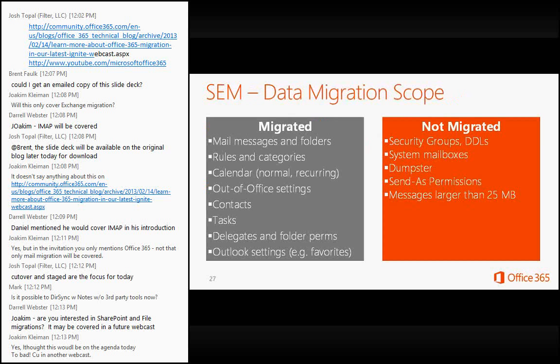So the scope again, so what's migrated: email messages, folders, rules, categories, out of office settings, pretty much the list that we mentioned before, and what's not migrated, again, same sort of list as what we looked at for the cutover Exchange migration.